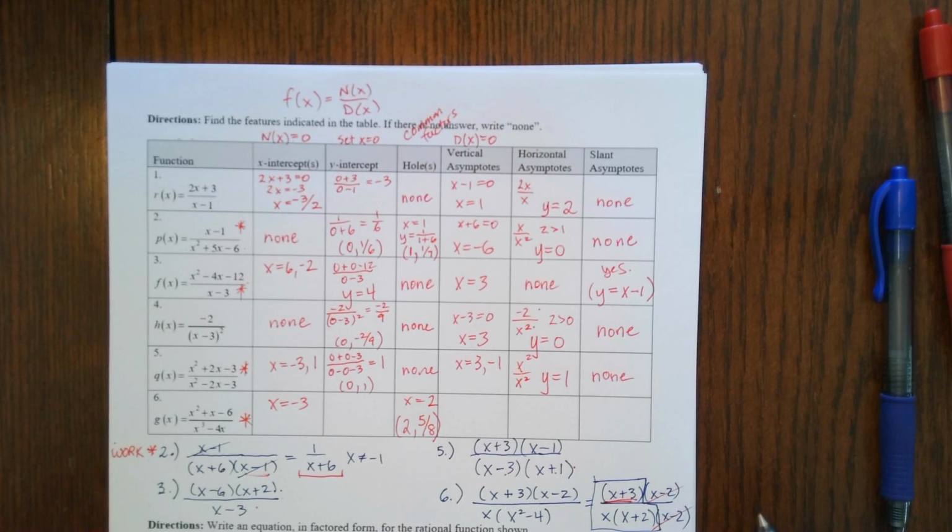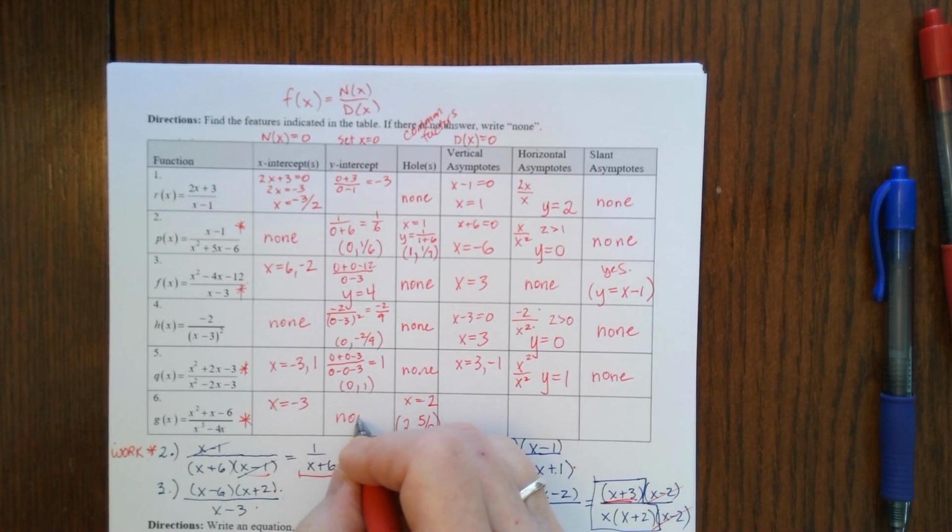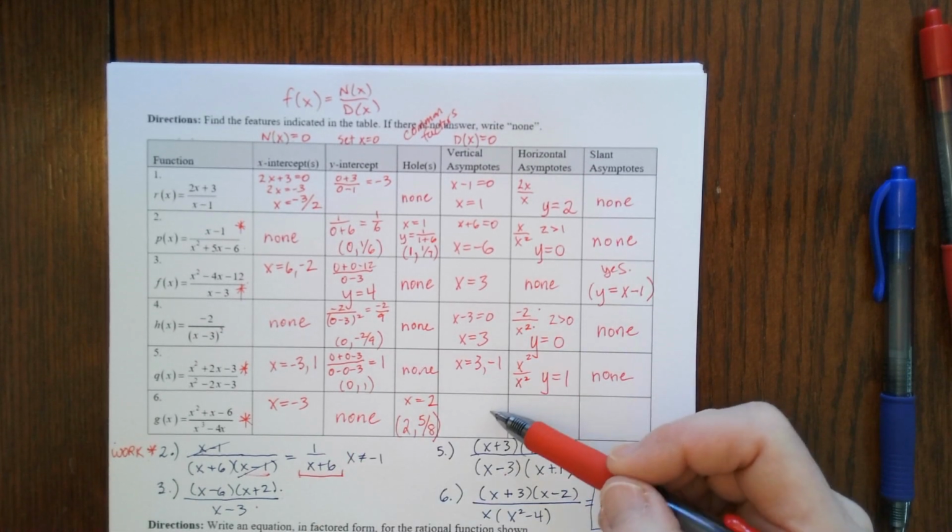And for the y-intercept, we're going to set x equal to 0. When x is 0, the function is going to be undefined, so there's none. That's because there's a vertical asymptote.